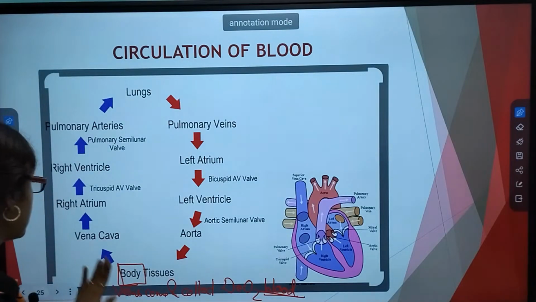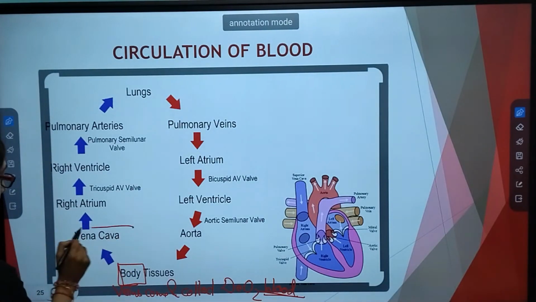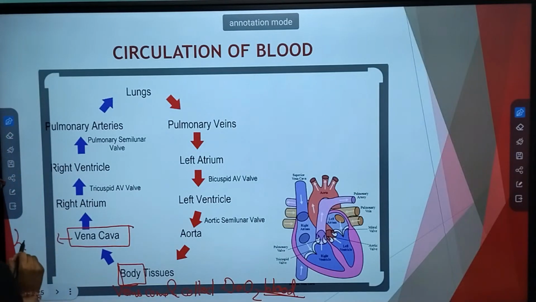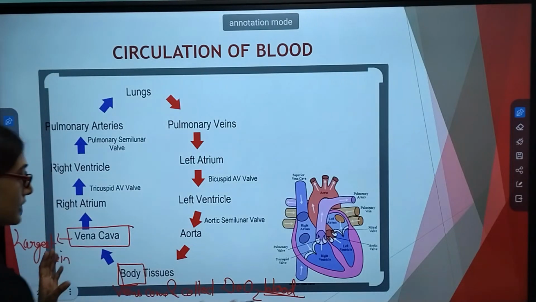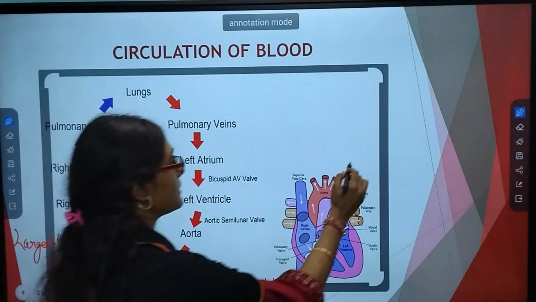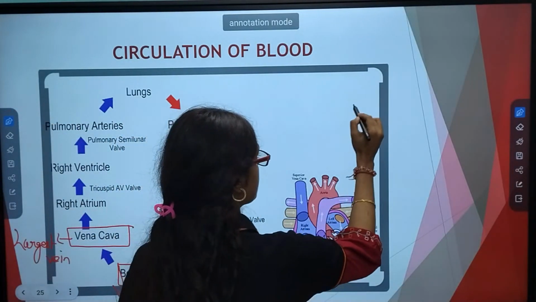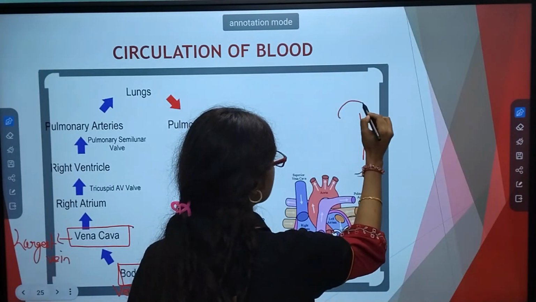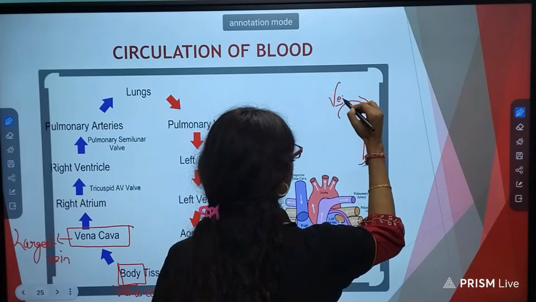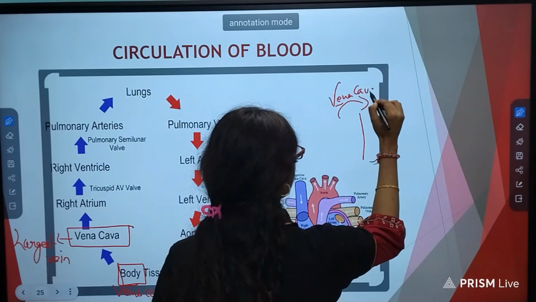Now it goes to the vena cava. What is the vena cava? You know, the largest vein. So all the small veins and capillaries send the blood to the heart, through the vena cava.